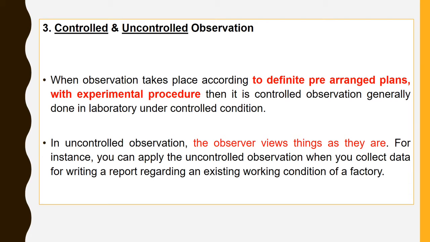We are not going to control that kind of observation, but we take references from it. So that is called uncontrolled observation. These are the three categories of observation methods. We can apply them in different ways. You have to think about your study, and then you can apply the three different observation types.